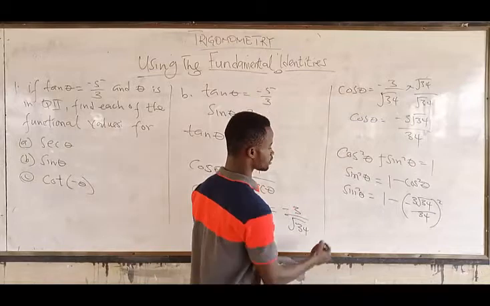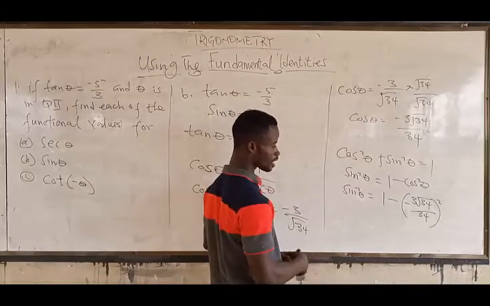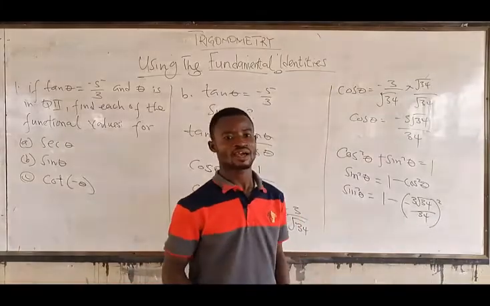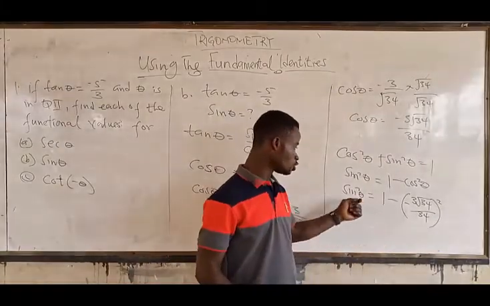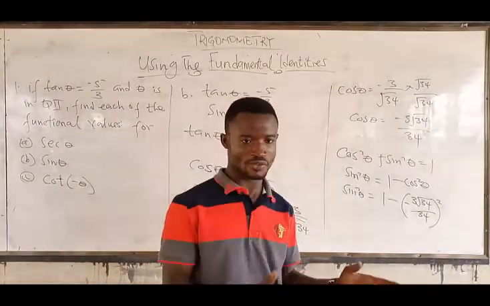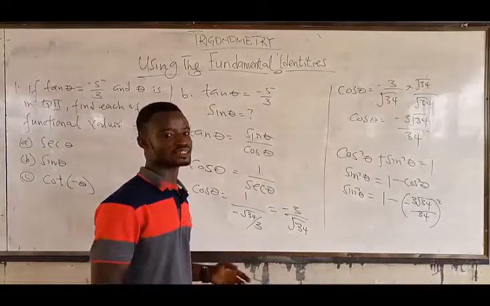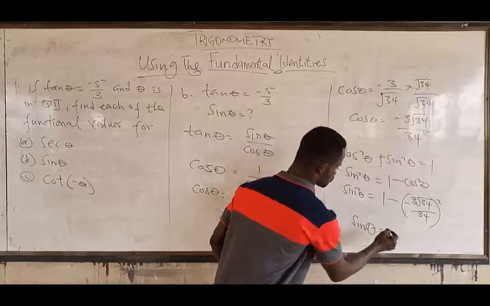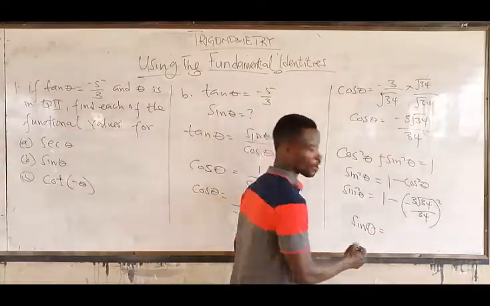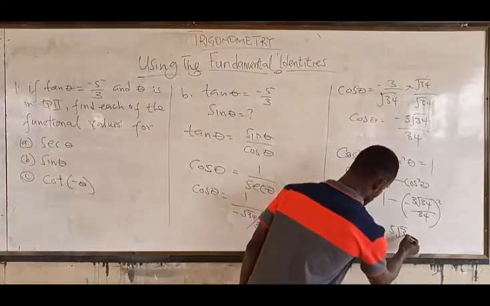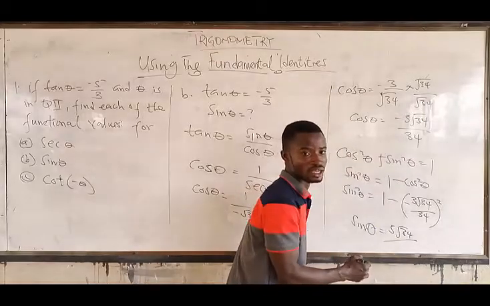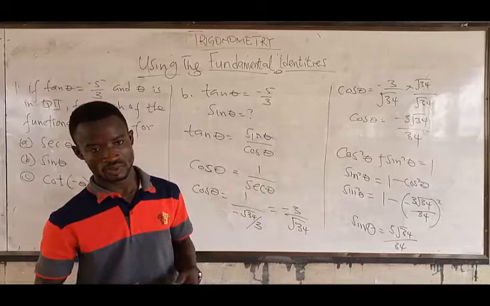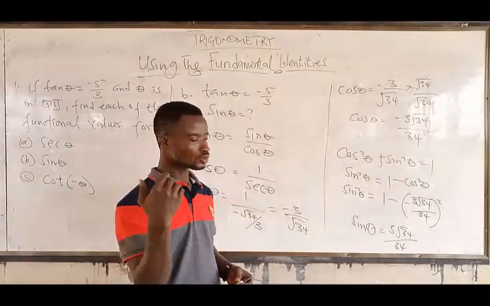After you punch all these on the calculator, whatever you get, you take the square root of it. And when you do that, you are going to get sine theta equal to 5 square root of 34 over 34.